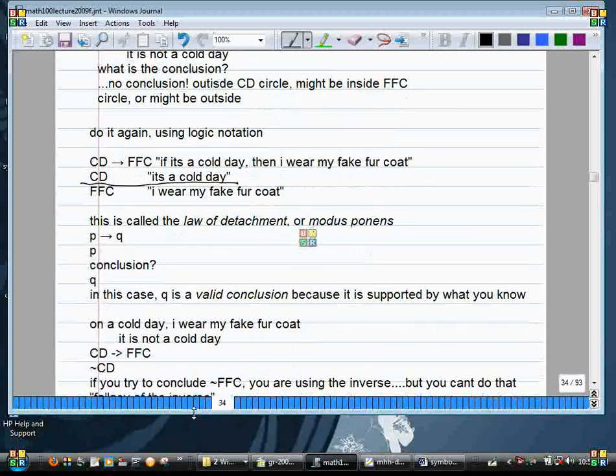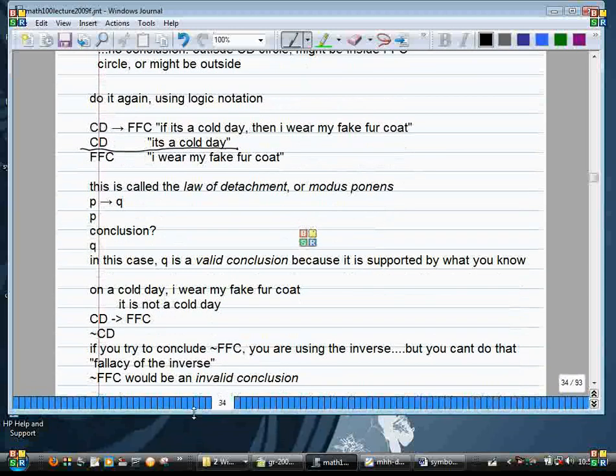So now remember, some people said, hey, we can therefore conclude not FFC. But as we just discussed, you can't say that. If someone tried to say that, you would say that is an invalid conclusion.